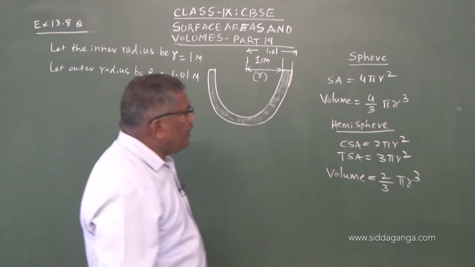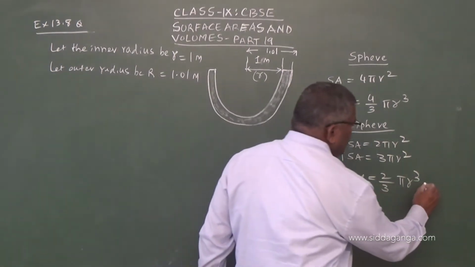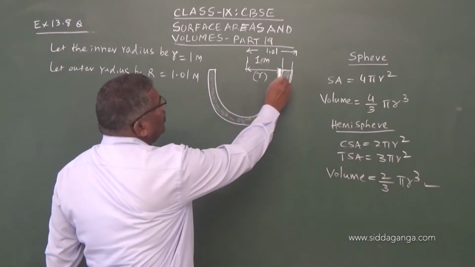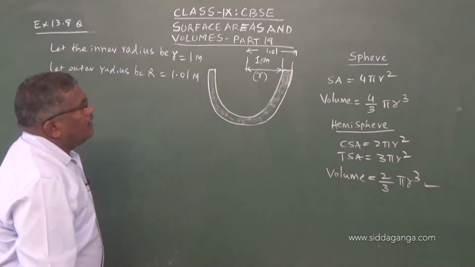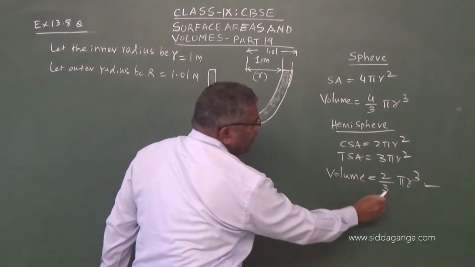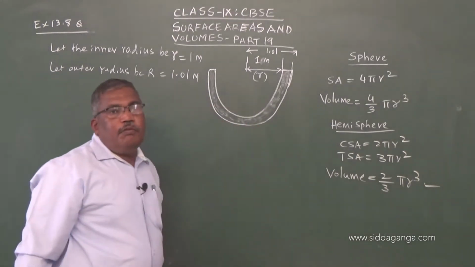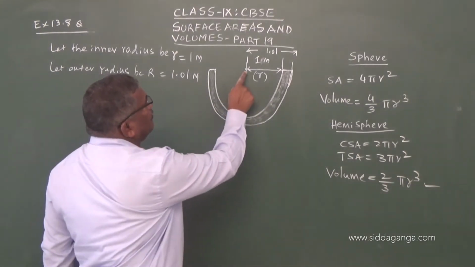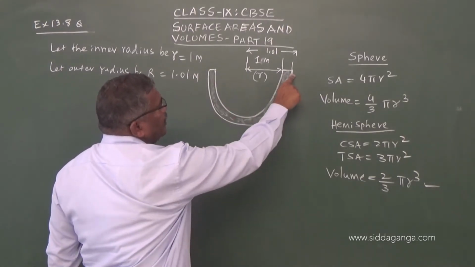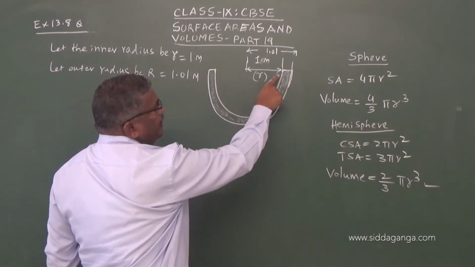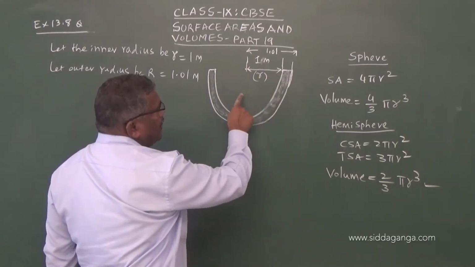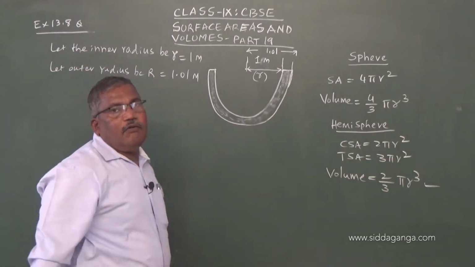For a hemisphere, volume is 2 by 3 pi r cube. When we take the outer radius, it is 2 by 3 pi capital R cube, which gives the full volume to the outer edge. When we take the inner radius, we get the inner volume. If you subtract both, we will get the metal quantity.